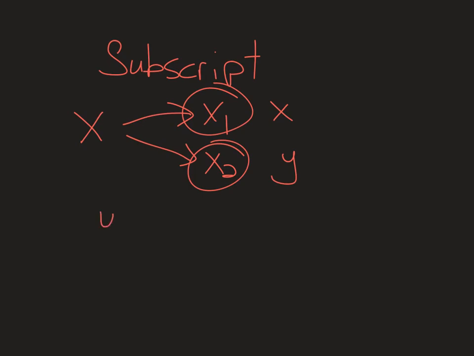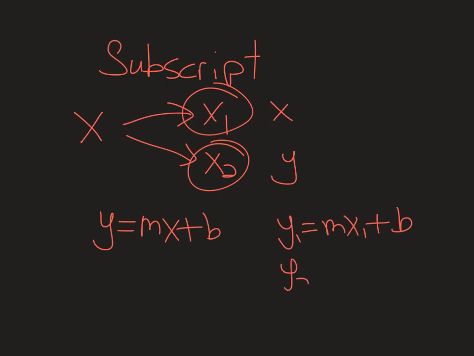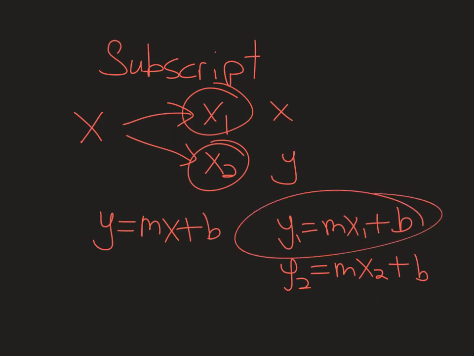So for example, if I was looking at linear equations of the form y equals mx plus b, I might talk about a particular x. So I might go y1 equals mx1 plus b, and then I might say y2 equals mx2 plus b. So these are different equations.